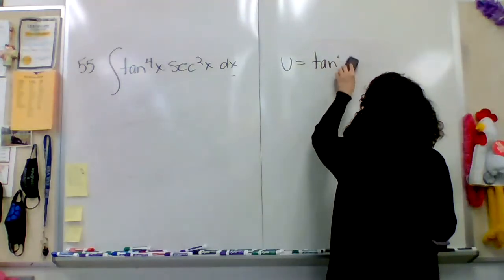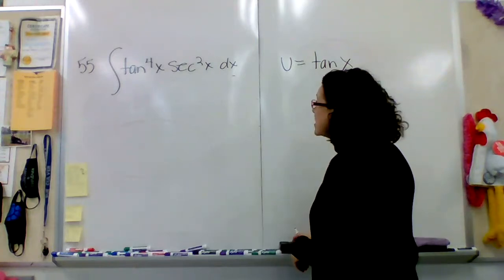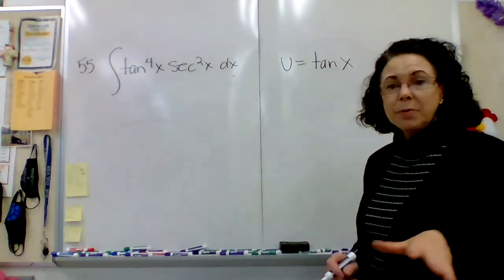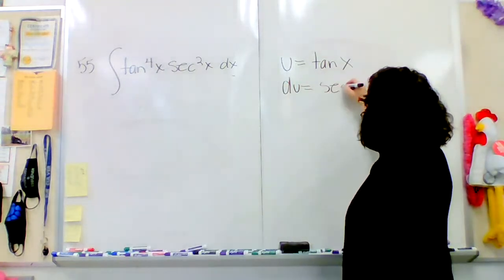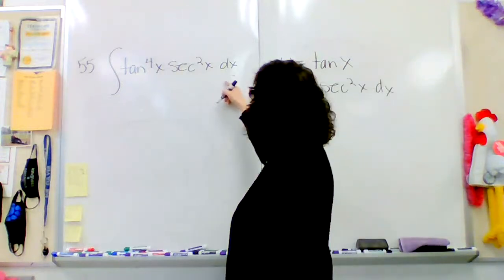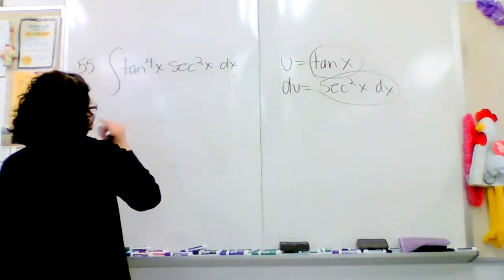It's okay to try a few things, but I'm going to try an inside function of tangent, because secant as an inside function didn't seem to be working, plus the derivative of tangent is secant squared dx. So I like that. I see that sitting right here. I think I have a perfect substitution with u being tangent.